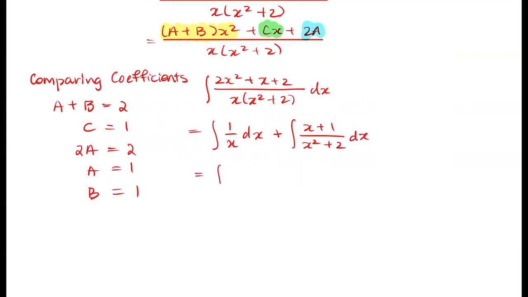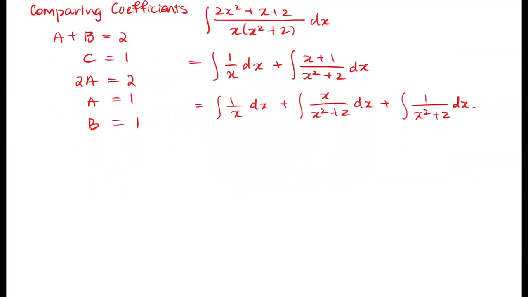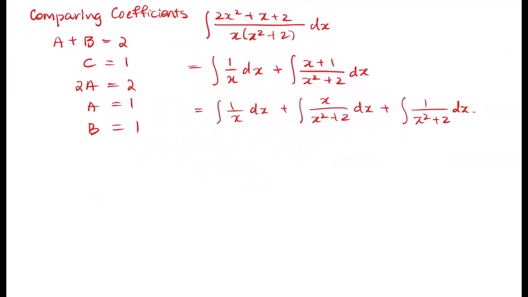which we could also separate into two other terms. So we have one term that is x divided by x squared plus 2 dx. The second one we could have is 1 divided by x squared plus 2 dx. So for the first and third term, we could use the integrals that we know. The first one we know is going to be ln of x.